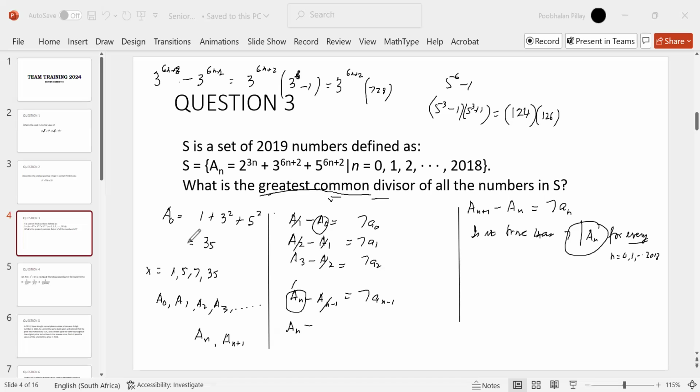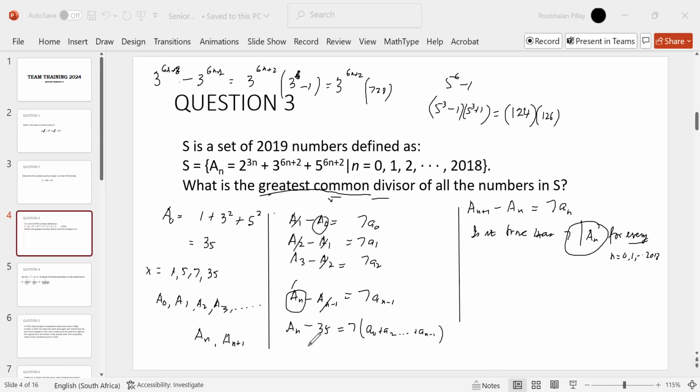And A0 we already worked out was 35. And we're adding all these, so this is going to be 7 into the sum of all these. I'll just put dot, dot, dot to show that we're adding all these.